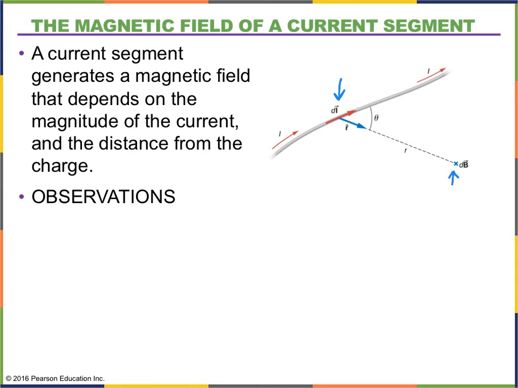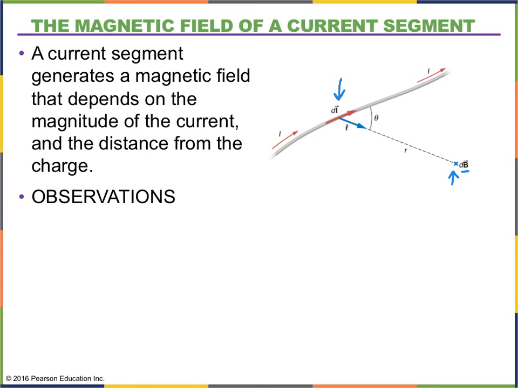Because we're just taking a small piece of the current wire, we're going to call that dI. And because we're looking at the magnetic field that little piece produces, it's called dB. You could think of them as delta I and delta B if it makes you more comfortable.